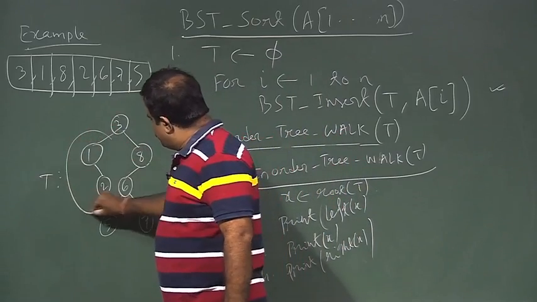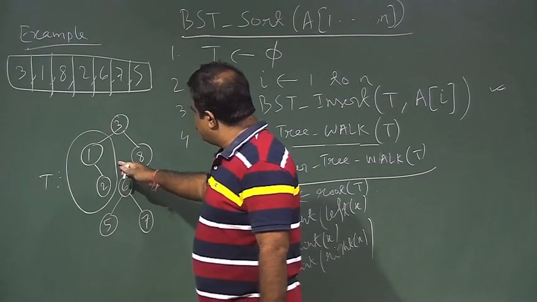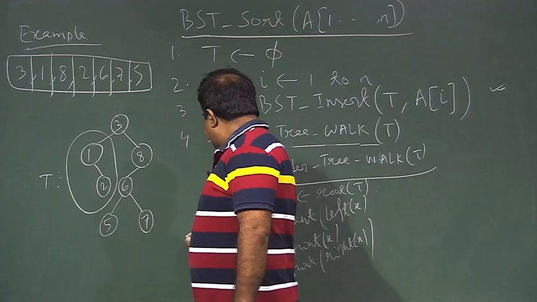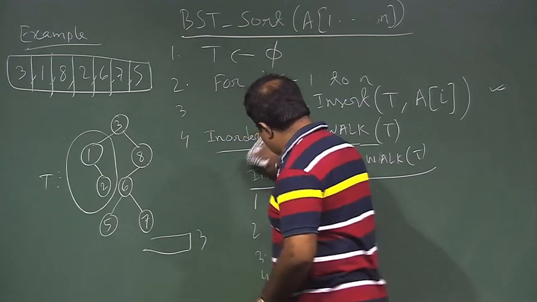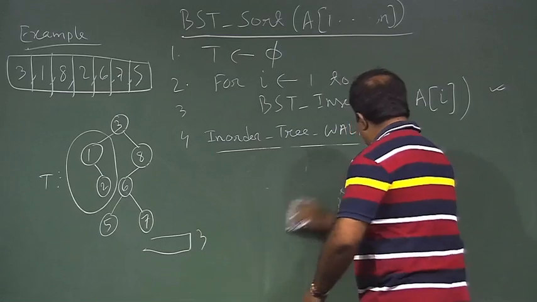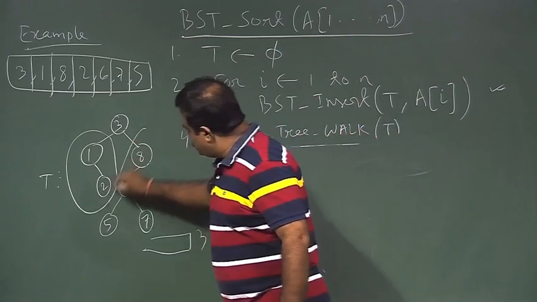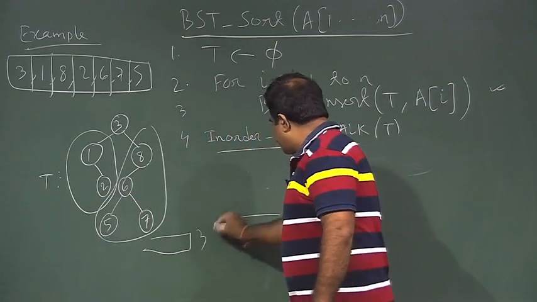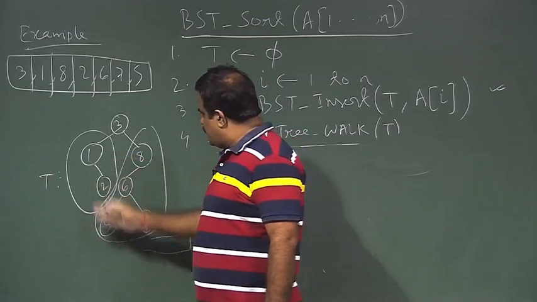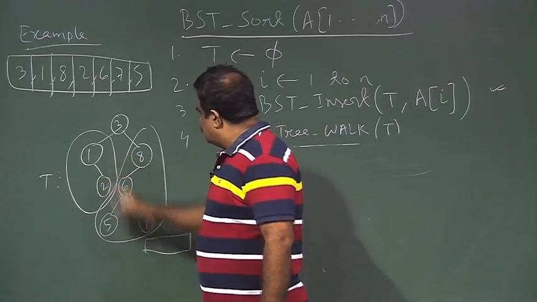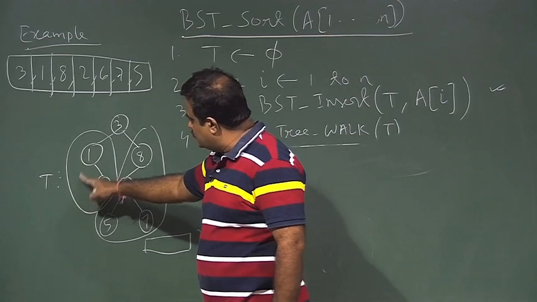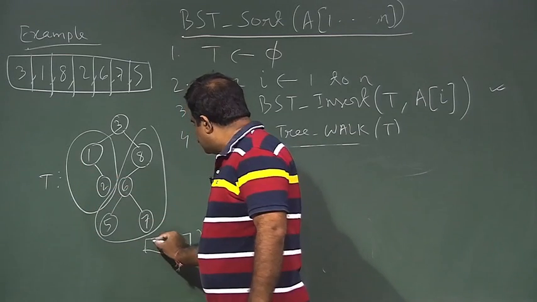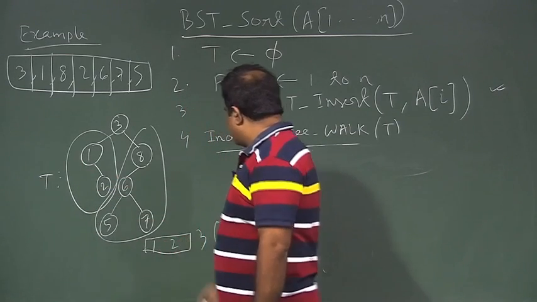We first call this Inorder tree walk of this, and then we print 3, and then we print the right part of the tree. Okay, this is the right part. So again for the left part, this is the tree now. So, now we again call the inorder. So, this has no left part. So, this is 1, then we print the right part.